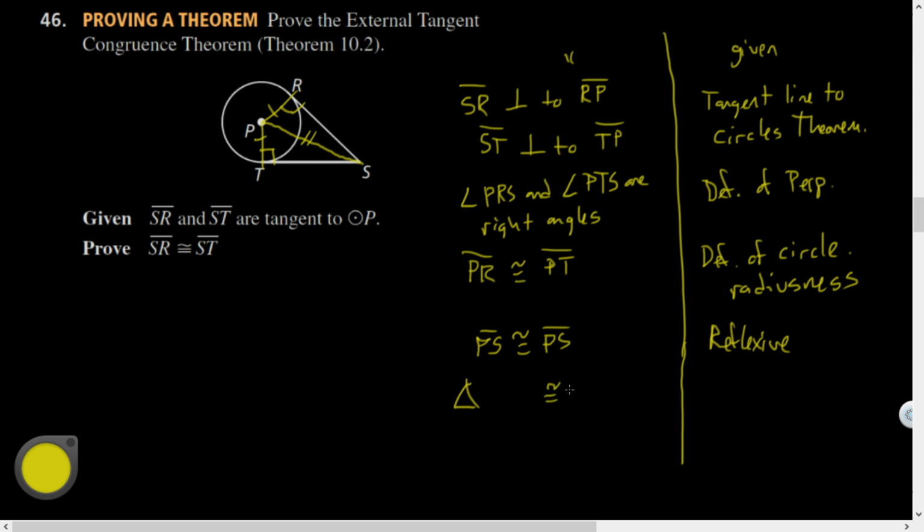I'm going to say triangle PTS is congruent to triangle PRS. Does anyone know why? You remember why? Was that chapter 5? Maybe? I don't remember. What do I know? I know these are both right triangles.